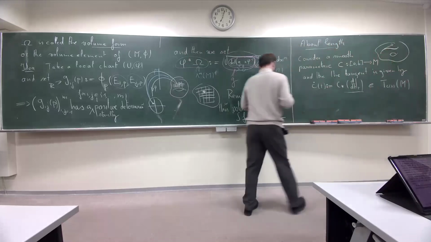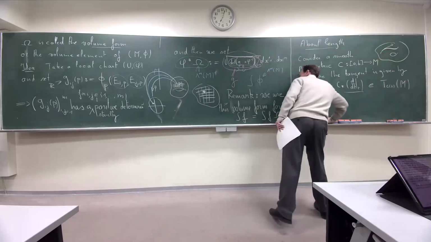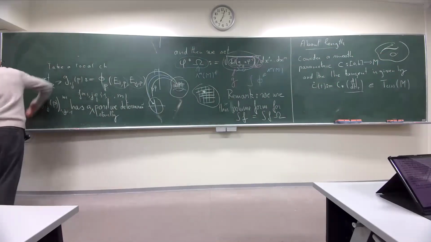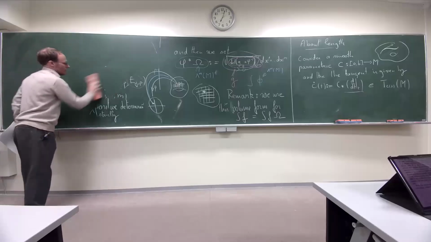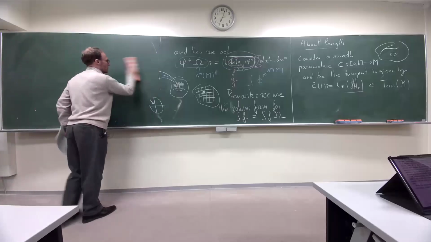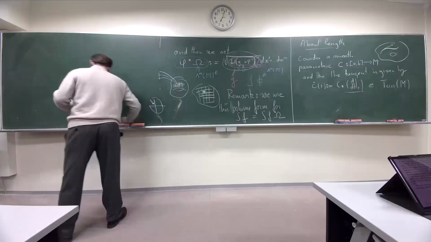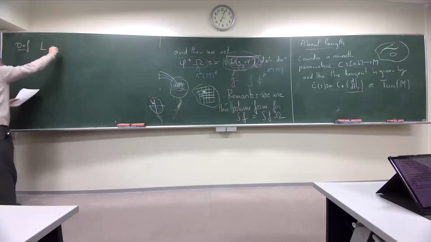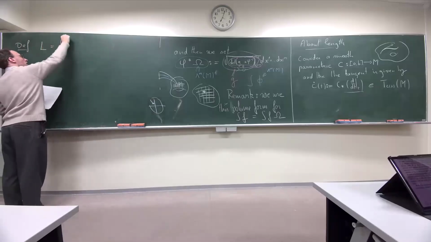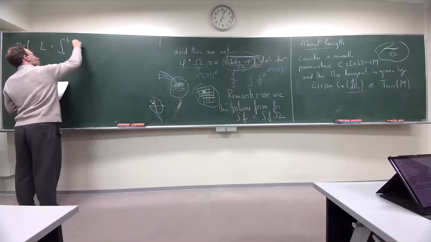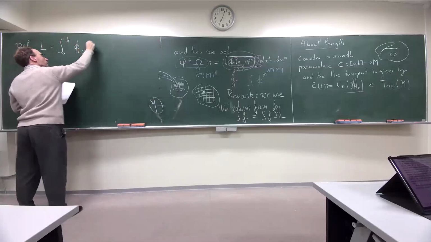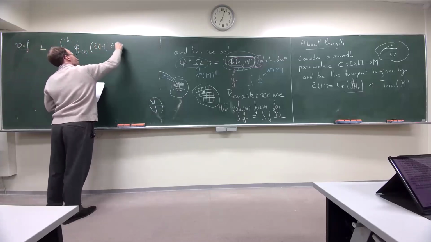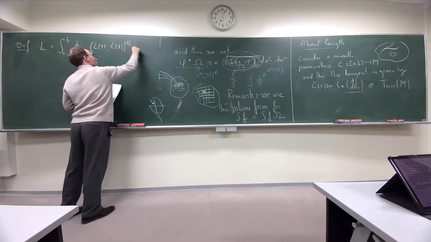But now, definition, I want to define the length of this curve. What is the length of this curve? Probably in calculus 2 we did it, but in Riemannian manifolds, the length of this curve is given by the integral on [a,b] of phi_{C(t)}(C dot(t), C dot(t)) to the power 1/2.